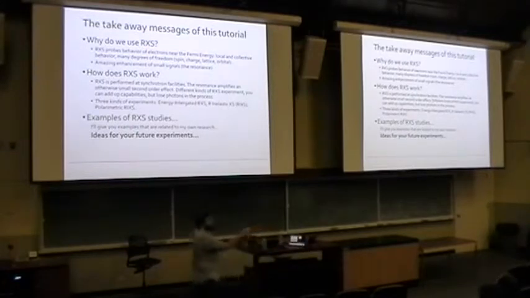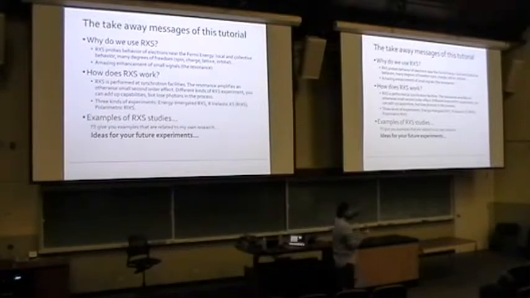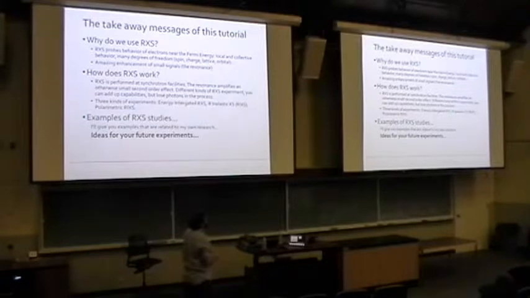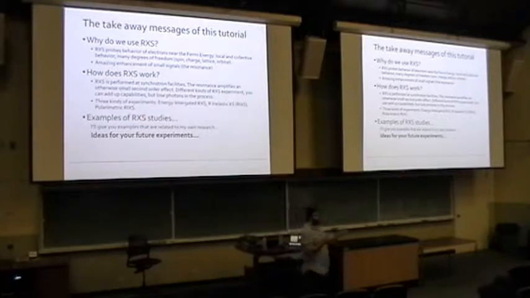So, by tomorrow, if you don't remember anything, hopefully you still remember some key facts. So, one, I think probably the most important one, is that resonant X-ray scattering probes the behavior of electrons in energy. It probes local and collective behavior and many degrees of freedom: spin, charge, lattice, all of those.